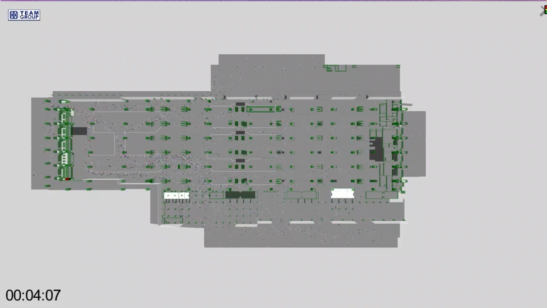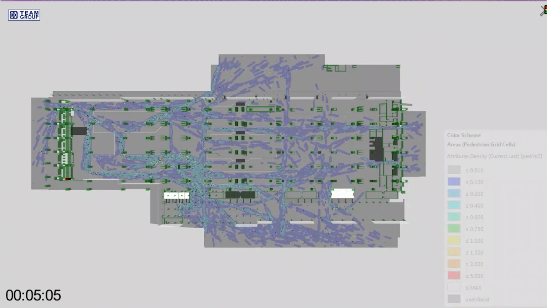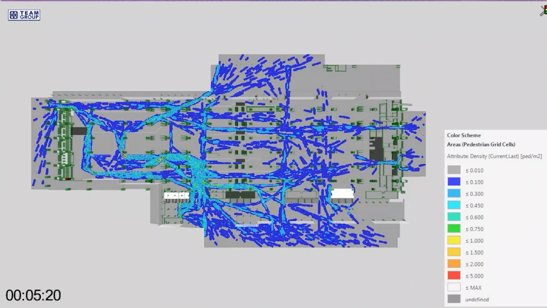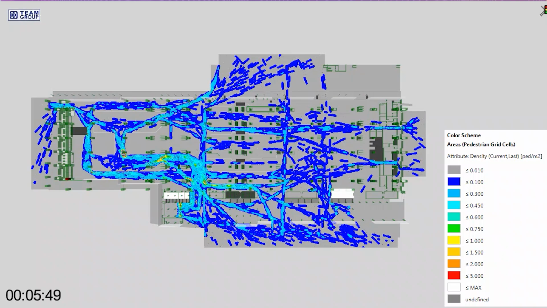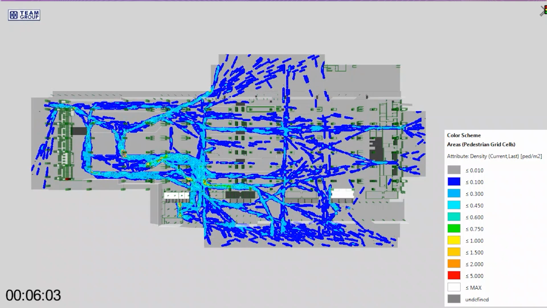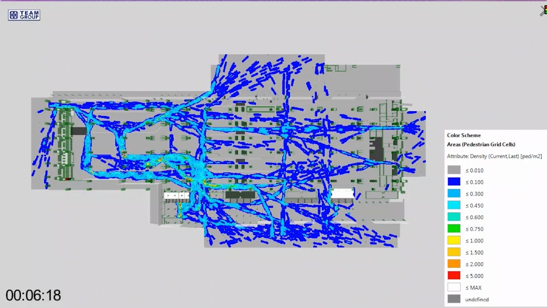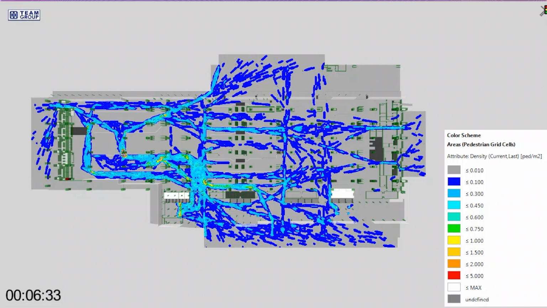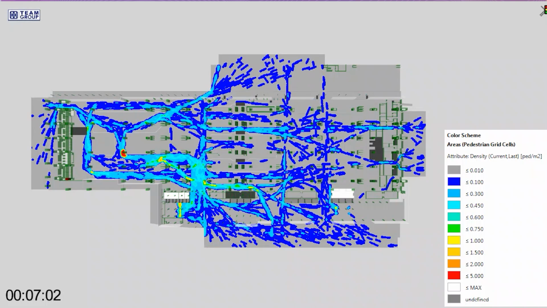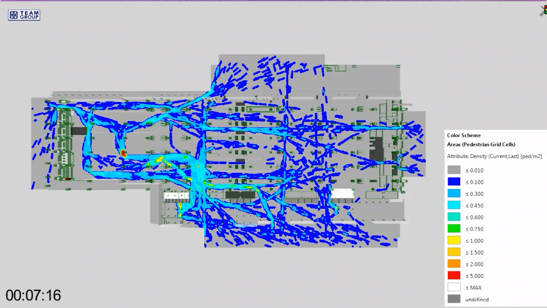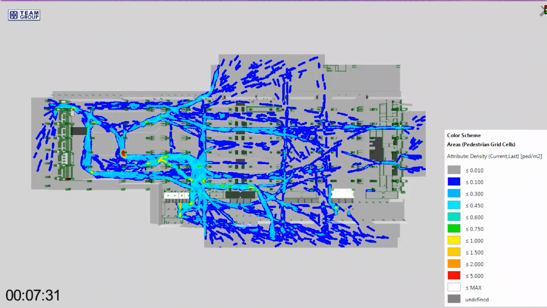Again, this is the plan. This is the bird's eye view of the first floor of Bang Sue Grand Station. If everything is complete, with the high-speed rail and all the rails, you could forecast what will happen and where the heat, the congested areas, will be inside the station.